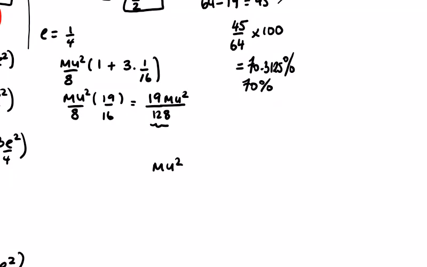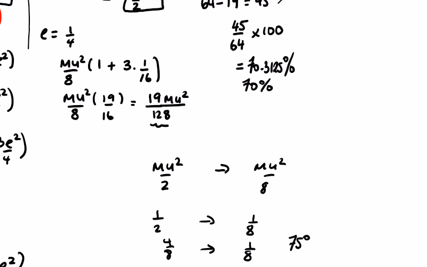So that's from a half to an eighth, from 4/8 to 1/8. So we are losing 3/4, which is 75%, would be the max loss.